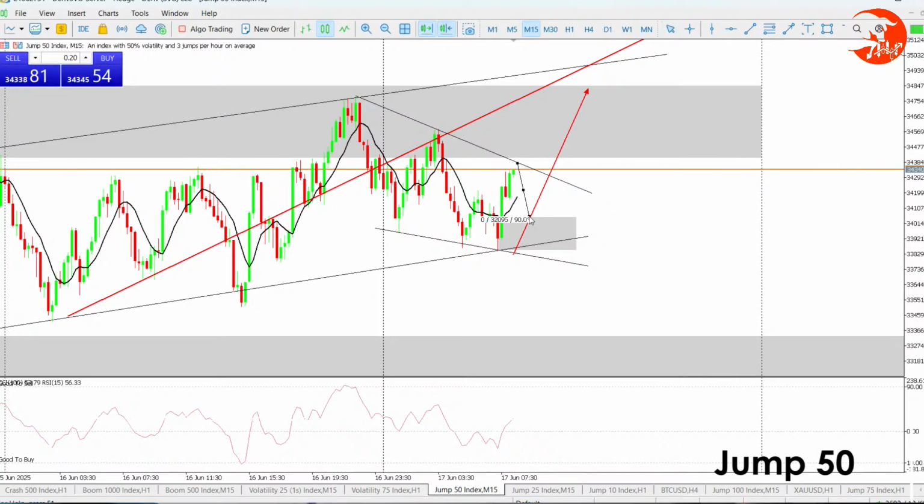Then you make your entry from that order block entry, to push for that buy there. So that is how I will be looking for a trade on jump 50. Only that, and we will be in the trade.